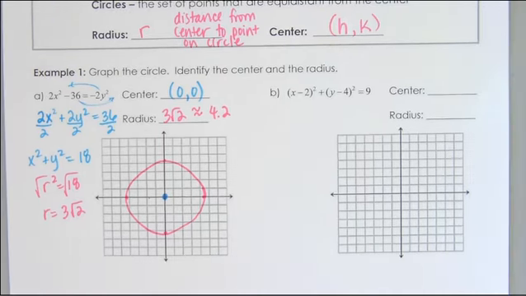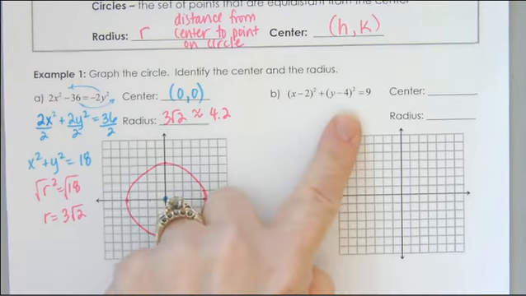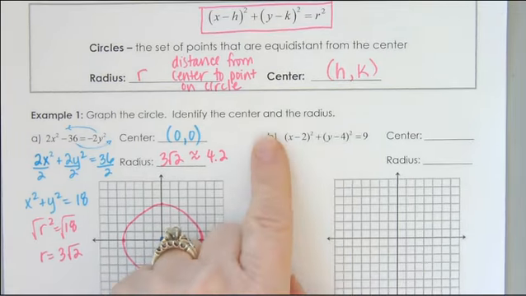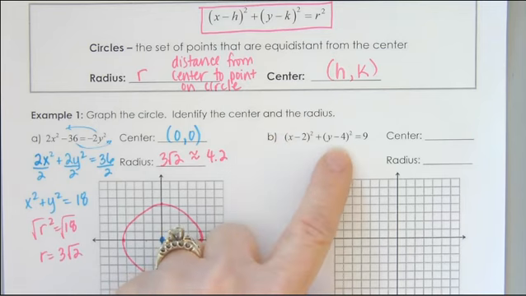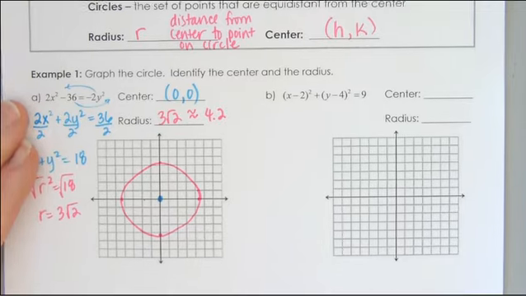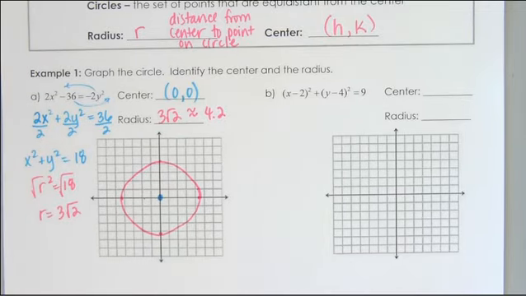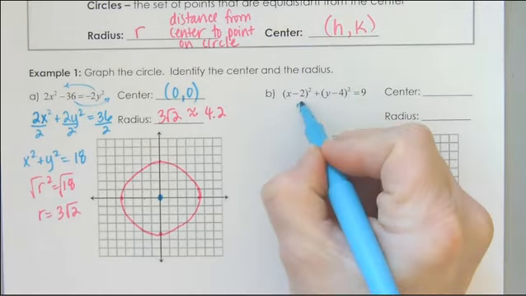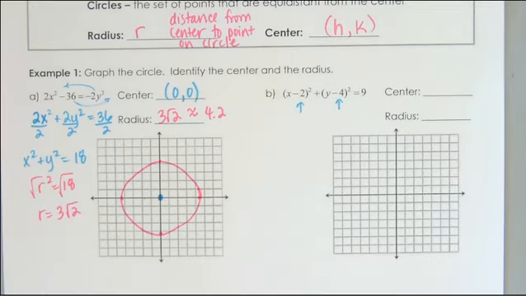Let's try another one. This one I've already got in a nice format here. I've already got the (x minus h) squared plus the (y minus k) squared equal to the r squared. So we just have to identify all the parts. If we notice, my h and my k are right here.